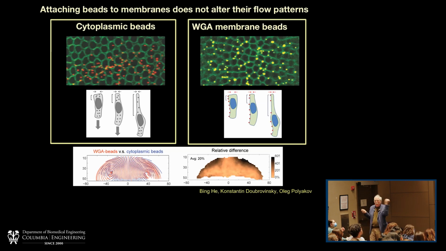We're beating a dead horse maybe by this point, but it doesn't make any difference in the behavior of the bead whether it's in the cytoplasm or on the surface. Membranes, at least these, offer very little resistance to the flows and the mechanical properties that we're observing here.